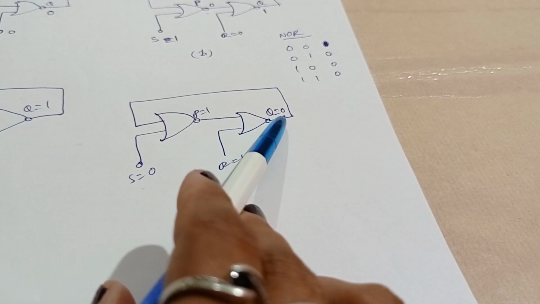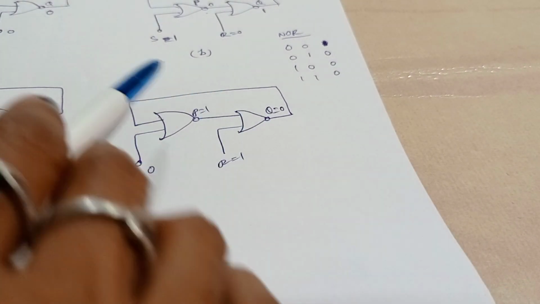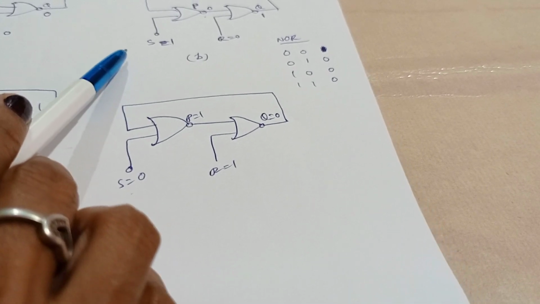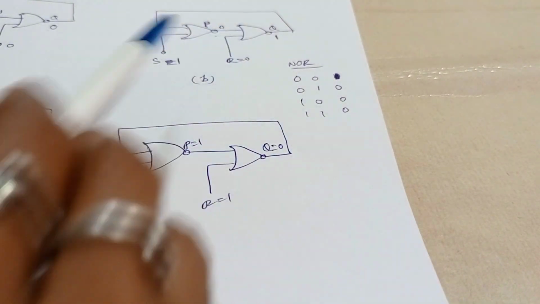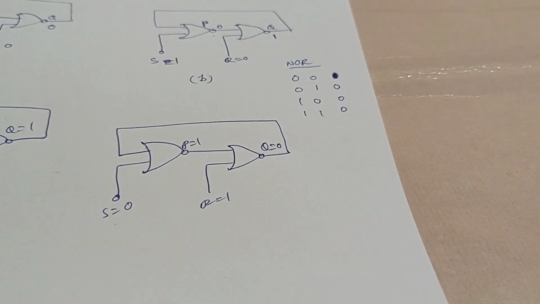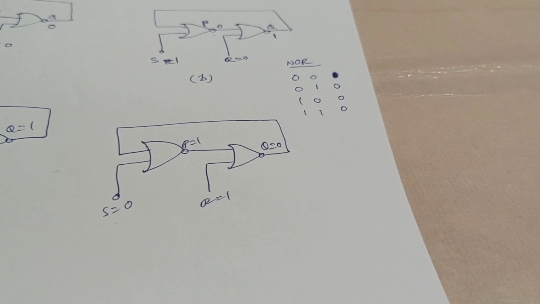That means it is reset. When S is 1, the output is Q equal to 1. That means it is set. Same as R equal to 1, Q becomes 0. That means this is the reset. The circuit is commonly referred to as the set reset latch, SR latch.